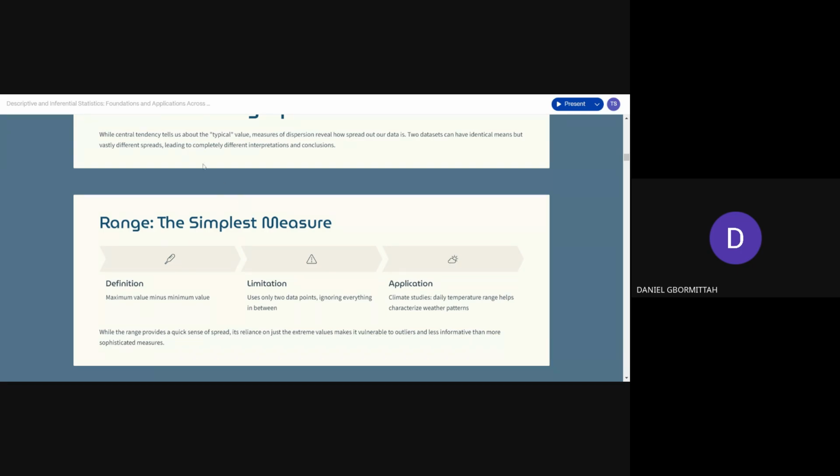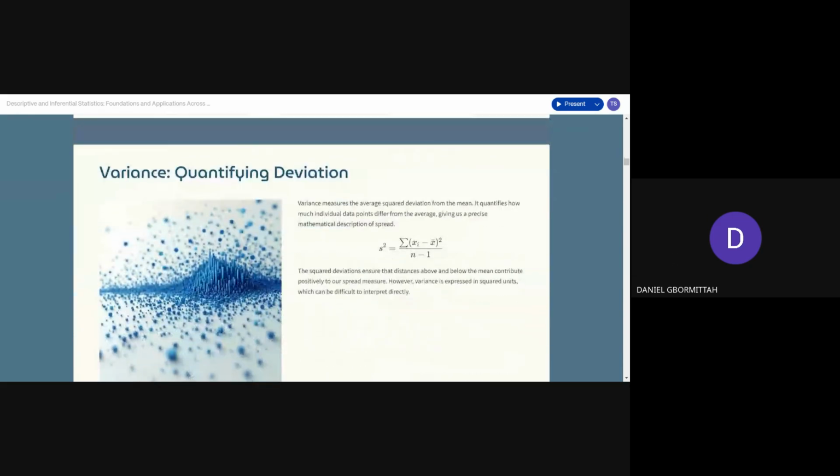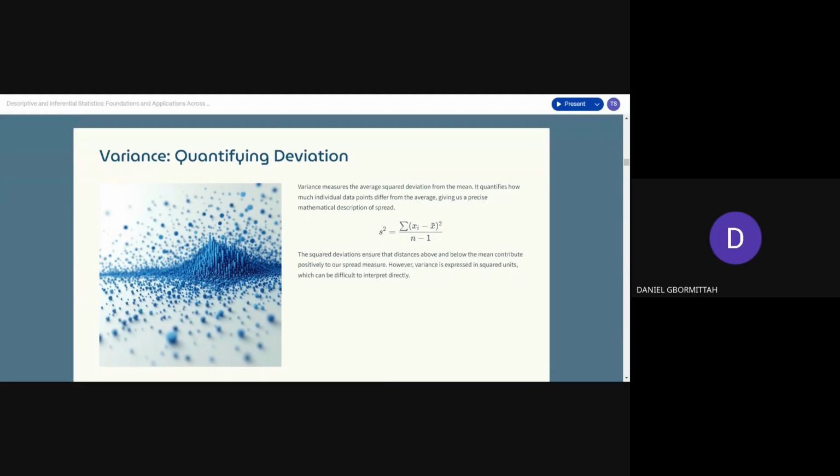The first one is the range. We know how to compute the range: the largest observation minus the smallest observation. So that is that. Then we come to the variance.